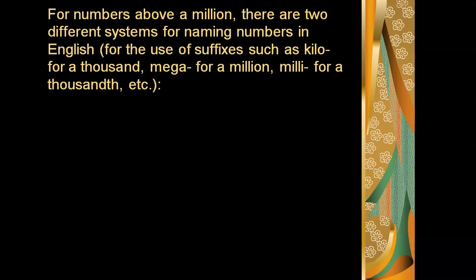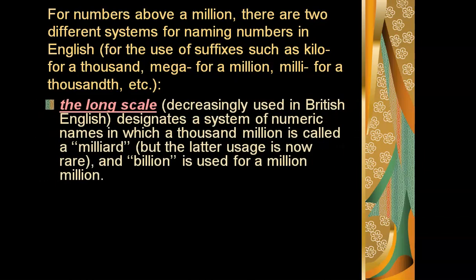For numbers above 1 million, there are two different systems for naming numbers in English, using suffixes such as kilo for 1,000, mega for 1 million, milli for thousandths, and so on. The long scale, decreasing, used in British English, designates a system of numeric names in which 1,000 million is called a milliard.